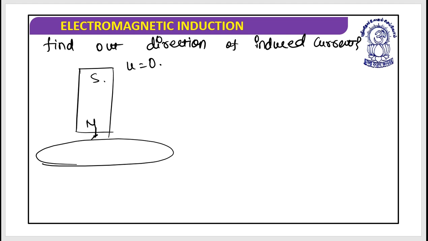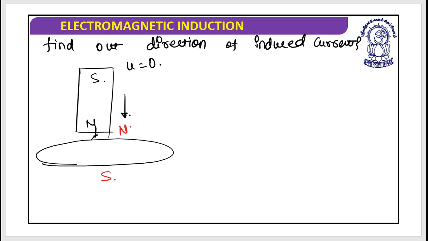Current will be induced. Why? Because north pole is moving towards the coil. You don't want the north pole to approach you, so you need to form a north pole on the upward direction and south pole on the downward direction.